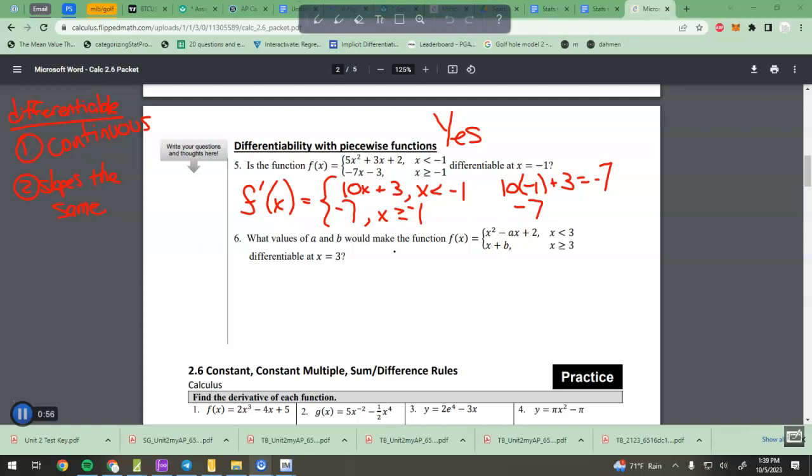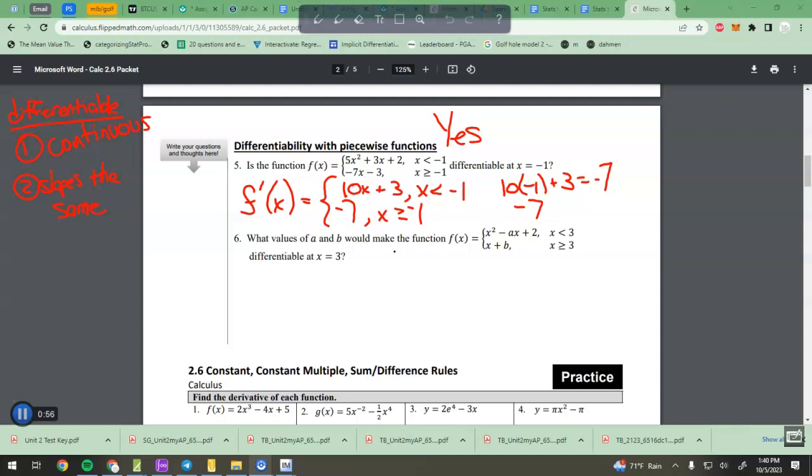Questions on that? Try 17, 18, 19. Not if it just says differentiable. On some of these you'll have to, but right now, not yet.